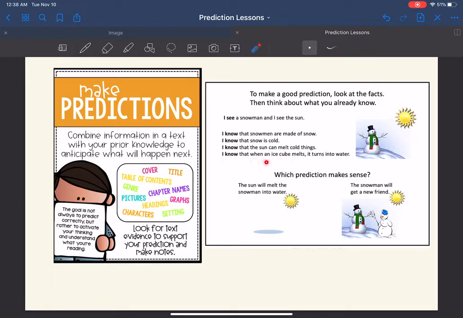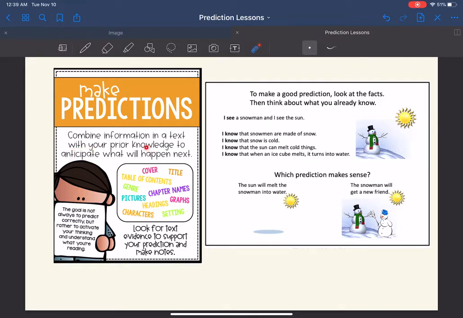So I know that when an ice cube melts, it then turns into water. In this case, which prediction makes more sense? The sun will melt the snowman into water, or the snowman will get a new friend. That would be nice if he got a new friend, wouldn't it? But that doesn't support the facts, the evidence of what is happening.